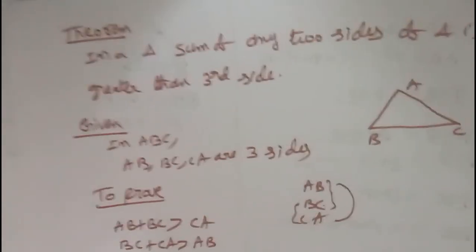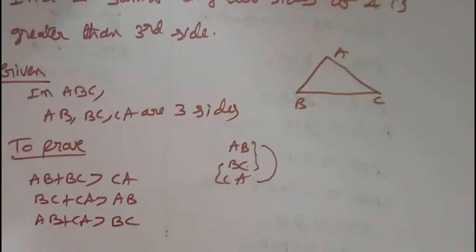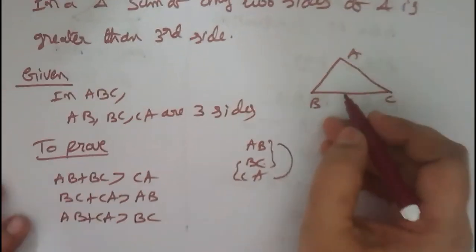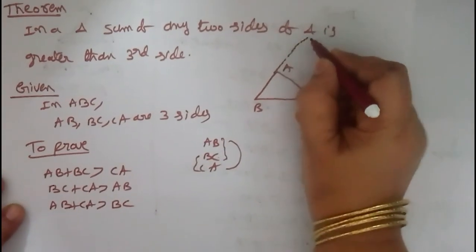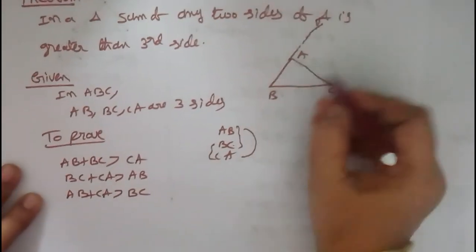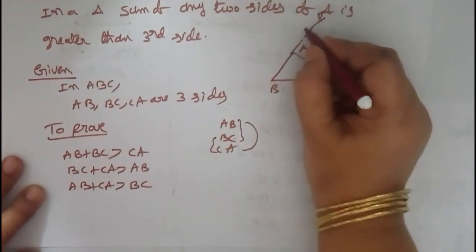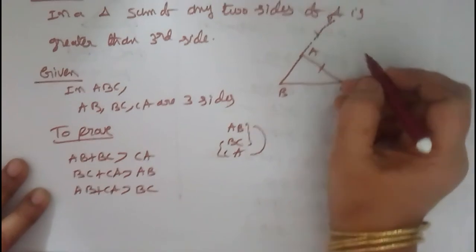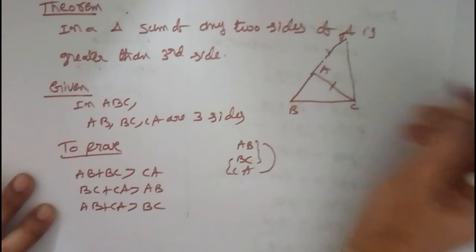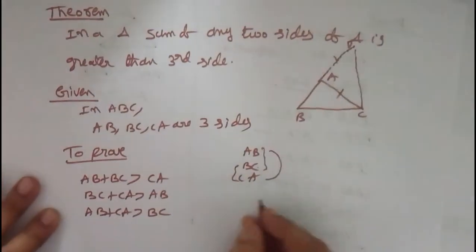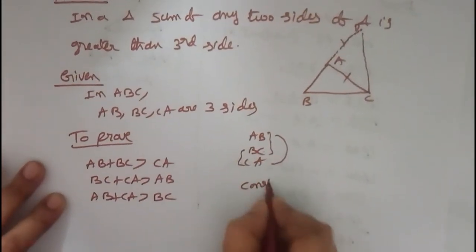Construction: first draw a triangle ABC.